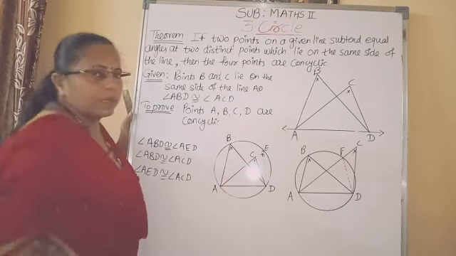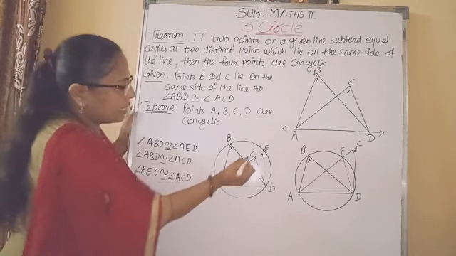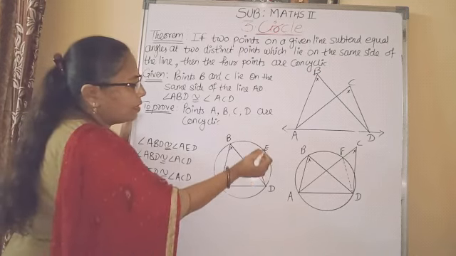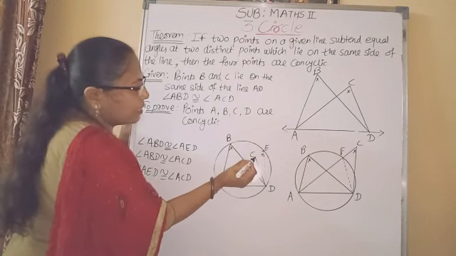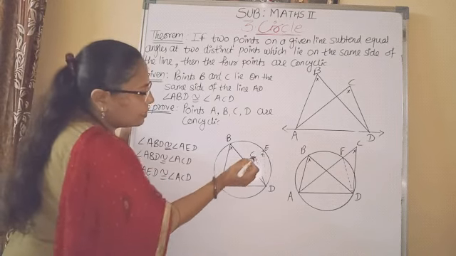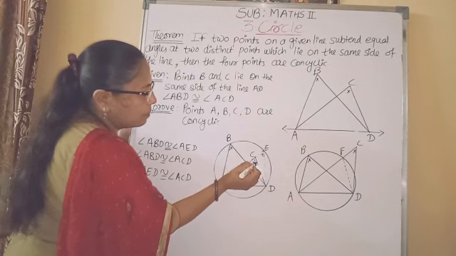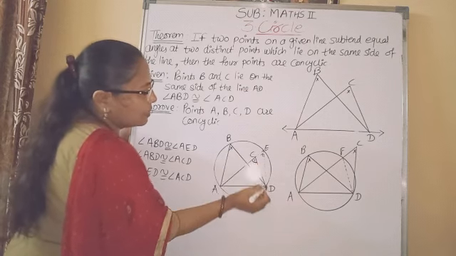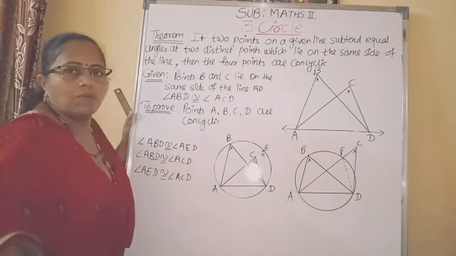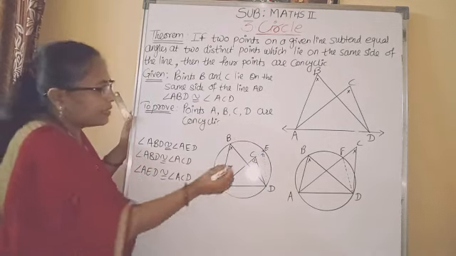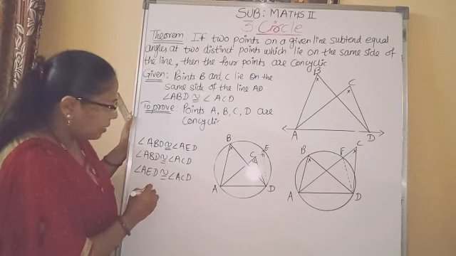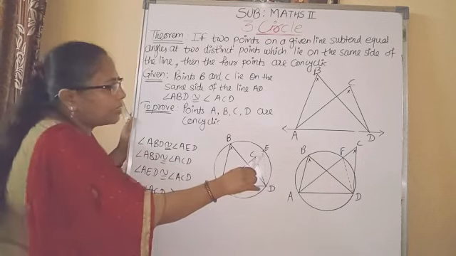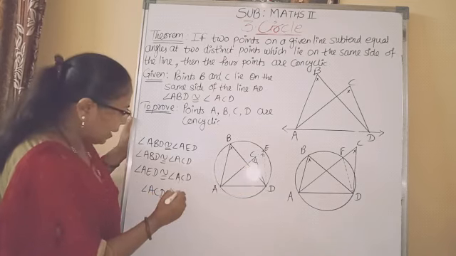Now observe the figure. Angle ACD is the exterior angle of triangle CED. So, according to the exterior angle theorem, angle ACD must be greater than its remote interior angle.